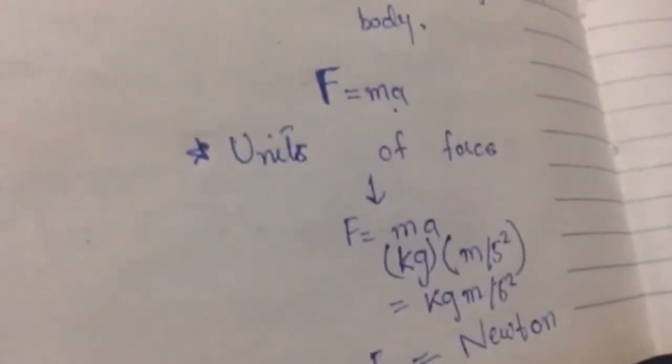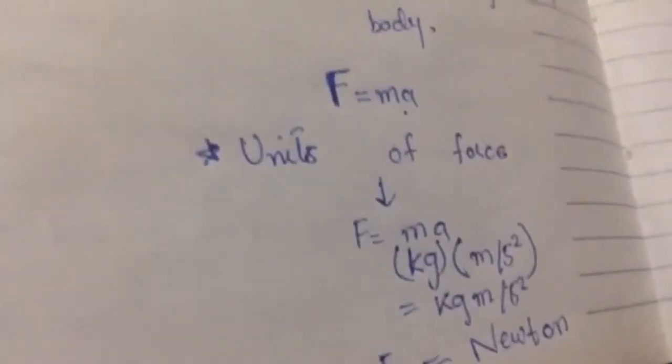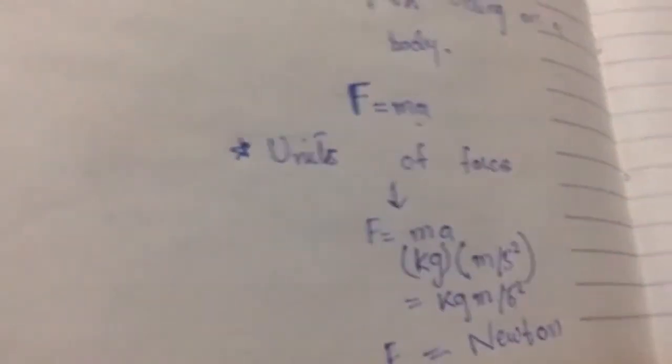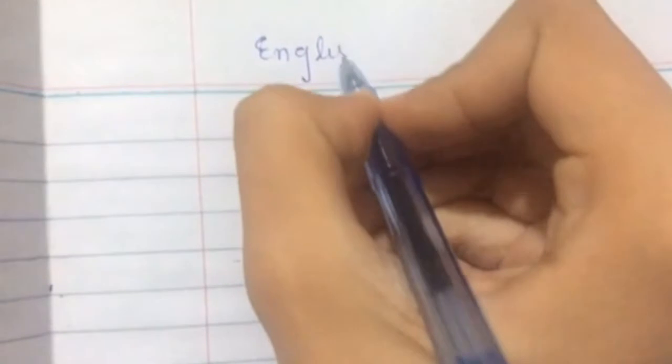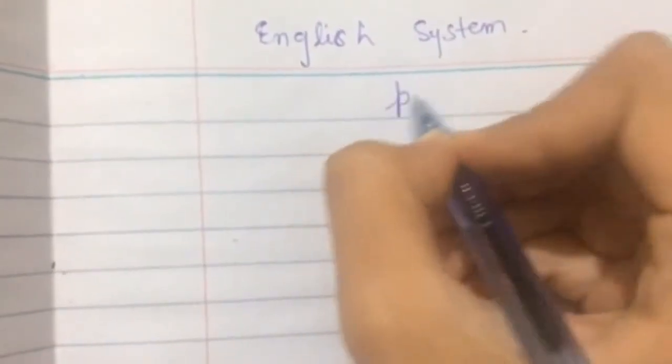So we have to find the other units according to the English system. In the English system, the most common unit we use for force is the pound, and it is denoted by lb.